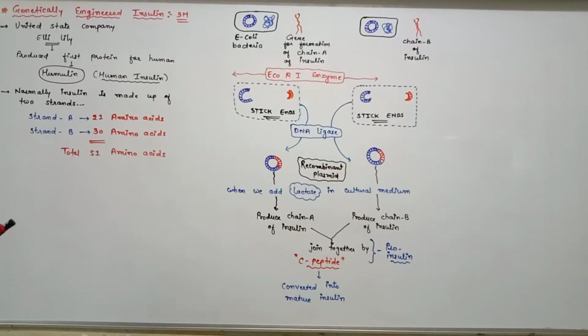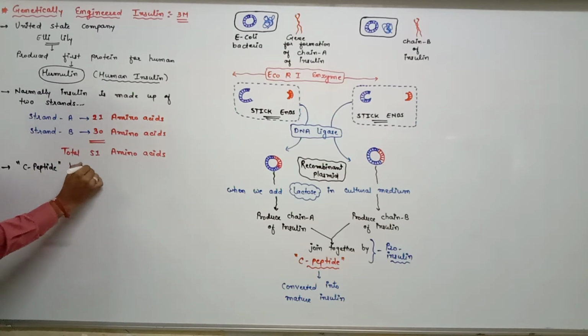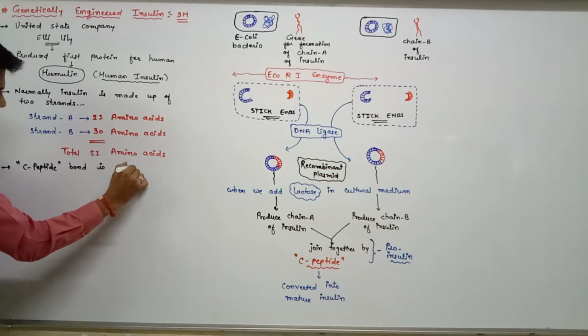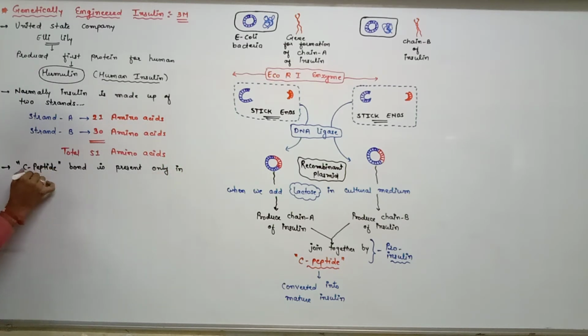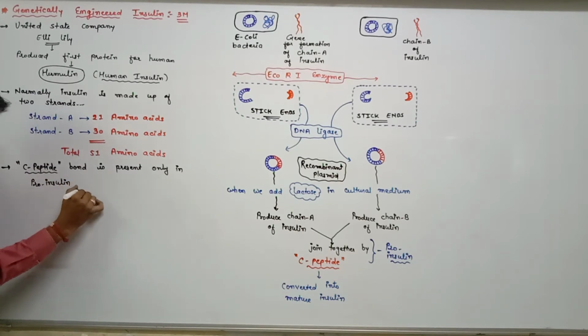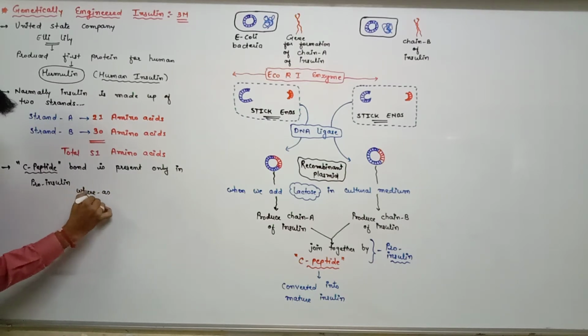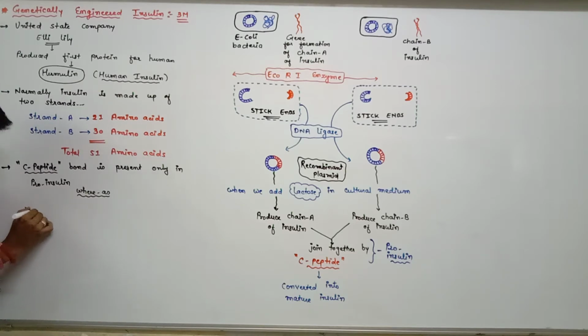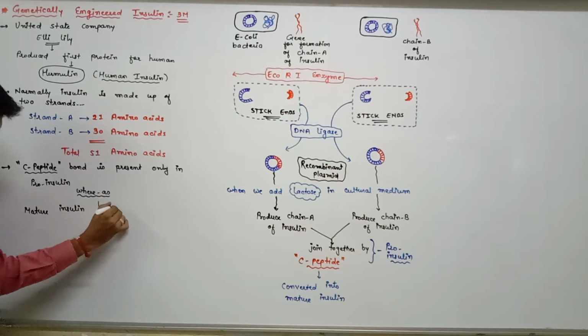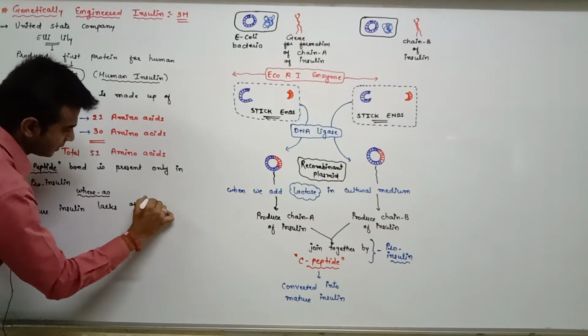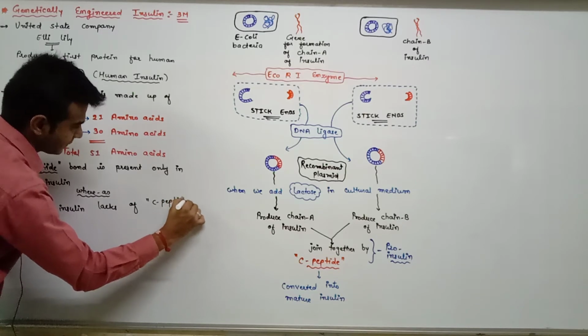So the point is this, that the C peptide is present only in proinsulin, whereas mature insulin lacks the C peptide.